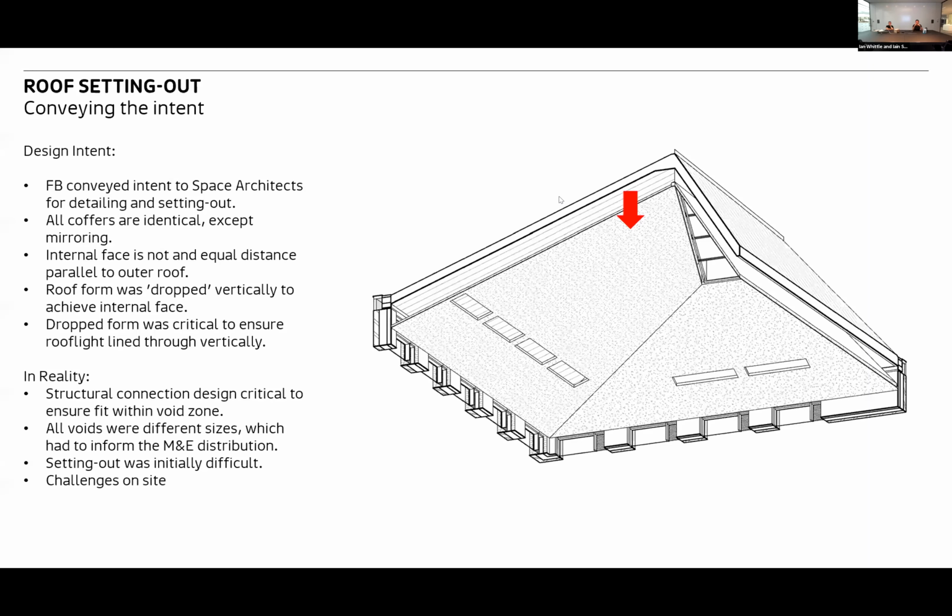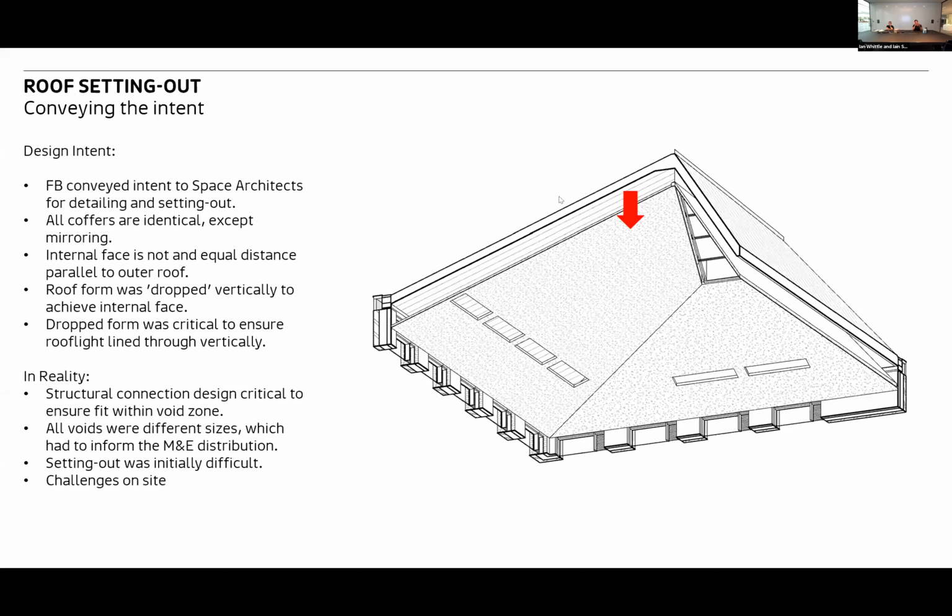Because all the sides are different angles, it equates to different spaces between the roof structure and then the final finish internally. That led to the M&E having to be really integrally designed. The structural connections were critical to make sure everything fitted within those zones.